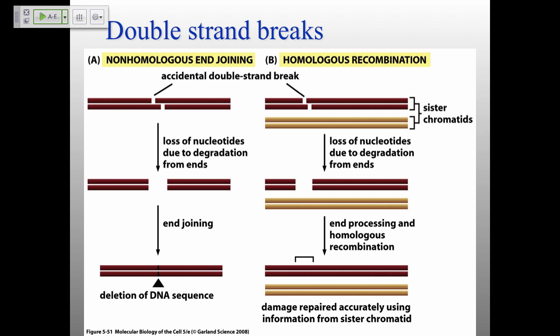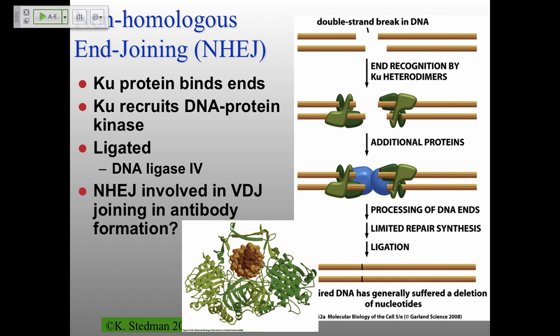On the other hand, homologous recombination gives you a perfect repair of this double-stranded break, except it uses the information from mom, for want of a better word here. We have a homologous chromosome right next to it. Again, we'll talk about that on Wednesday, but let's talk about non-homologous end joining right now, also known as NHEJ.